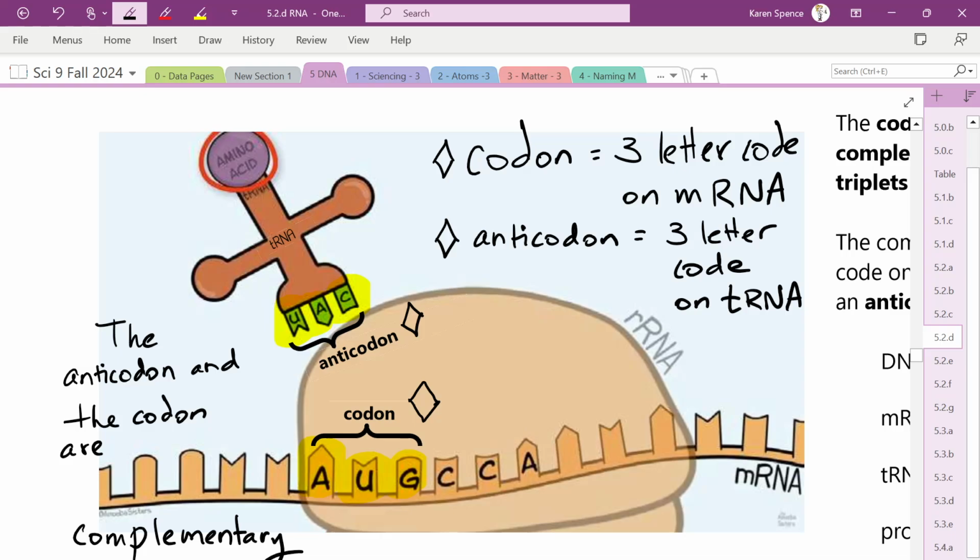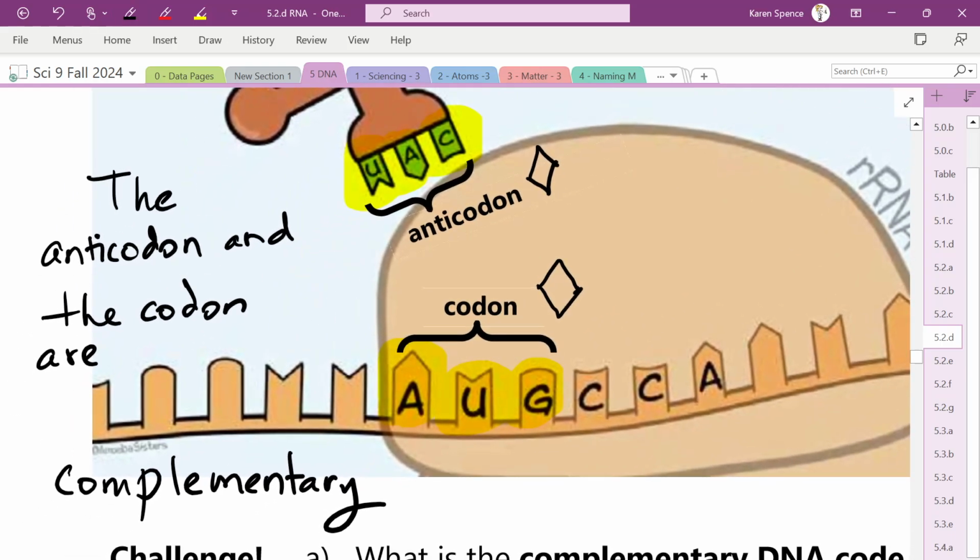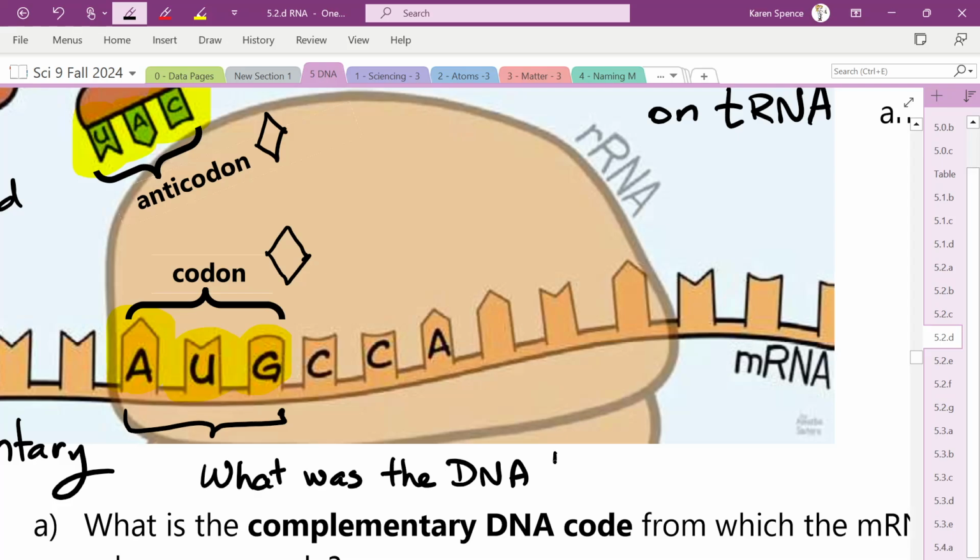Here's a tricky question for you. If your codon is AUG and your anticodon is UAC, what was the triplet code on the DNA that it came from? TAC. It's the same as the anticodon, except for that it's got T's instead of U's.